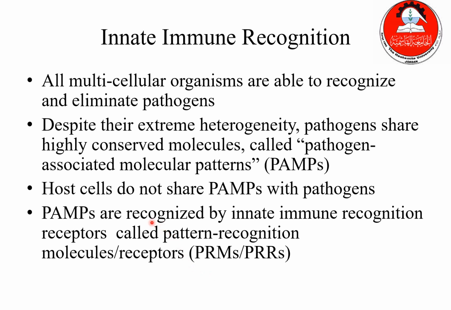How will they be recognized? We have pathogen-associated molecular patterns, PAMPs, or we also have DAMPs, damage-associated molecular patterns, which result from tissue damage or injury to the tissues. These are going to bind to pattern recognition molecules on the surface of the innate immune cells.